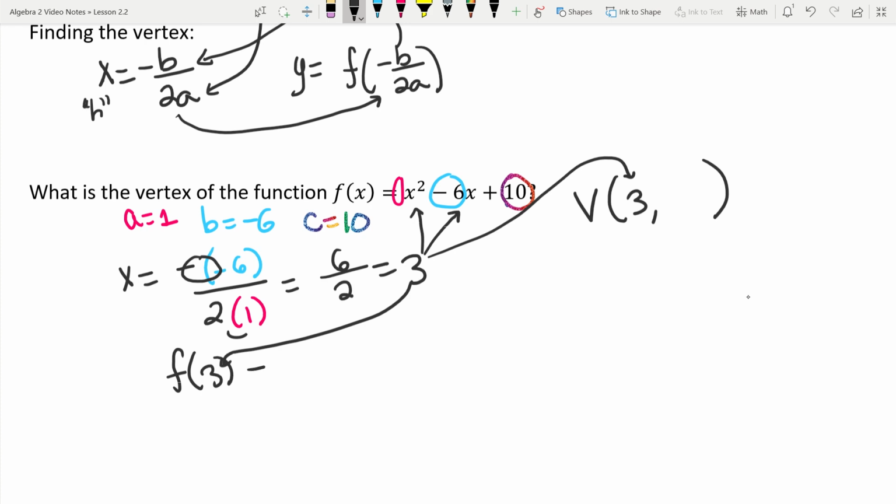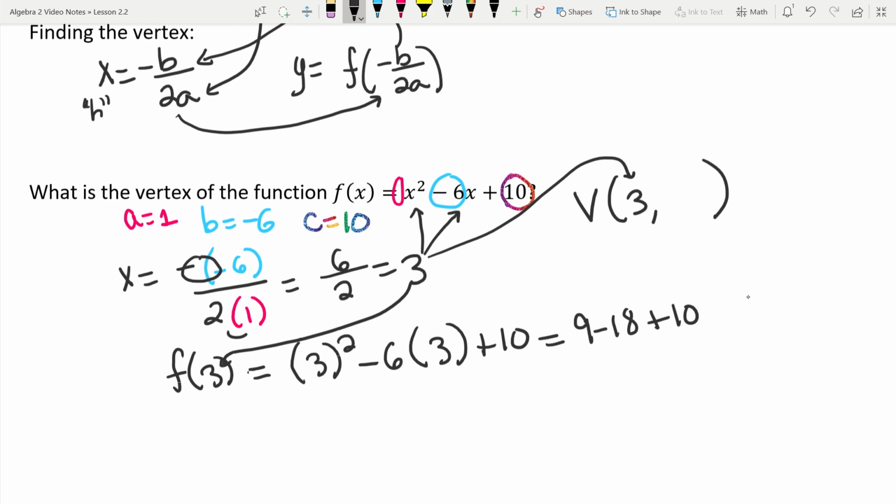So now we get f of 3 equals 3 squared, minus 6 times 3, plus 10. So 3 squared is 9. Negative 6 times 3 is negative 18, plus 10. So we got here f of 3 is 9 minus 18 is negative 9.